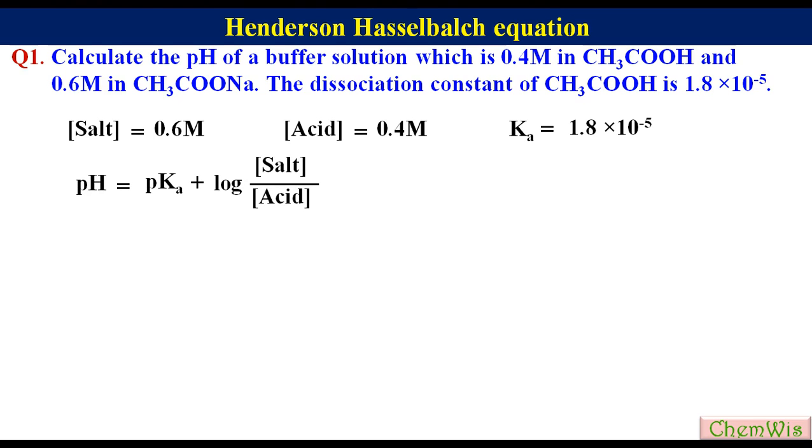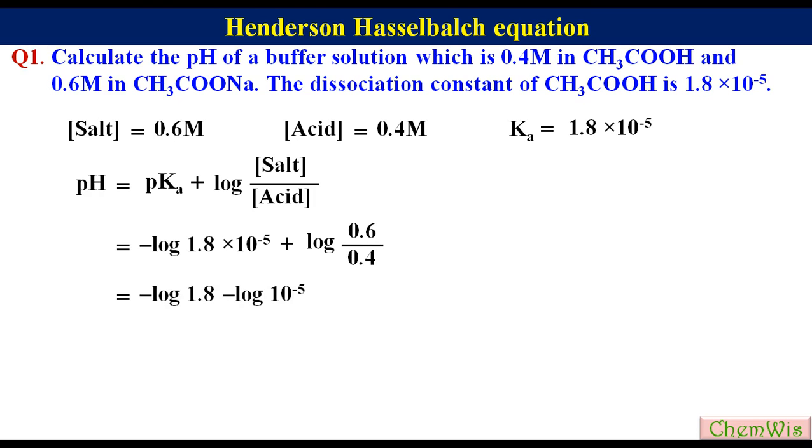pKa is minus log Ka, so pH will be equal to minus log 1.8 × 10^-5 plus log 0.6 upon 0.4. That will be equal to minus log 1.8 minus log 10^-5 plus log 3 by 2.